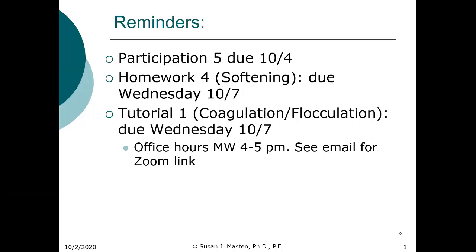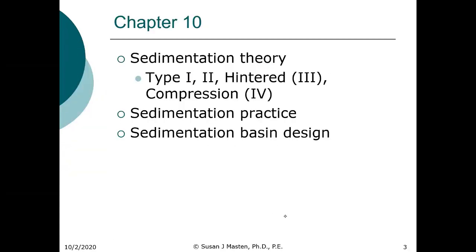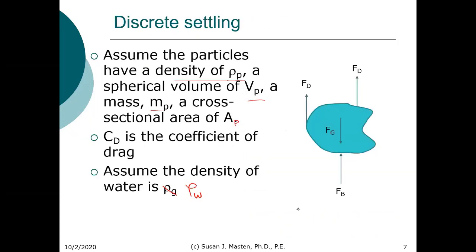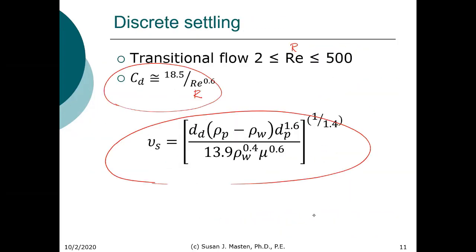Dr. Maston, could you go to the slide for discrete settling, the one for transitional flow with a Reynolds number between 2 and 500? So basically, this is just a much more complicated equation for Reynolds number. This should be G. I'll correct that in the notes. So this is gravitational acceleration.